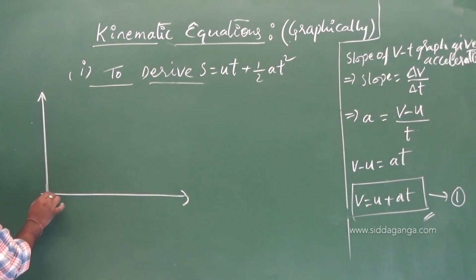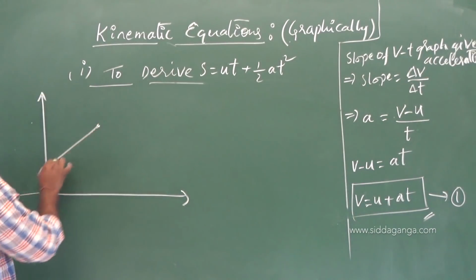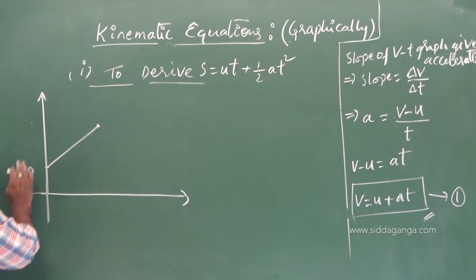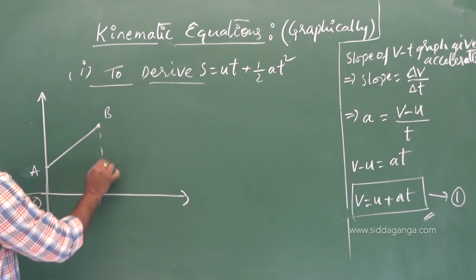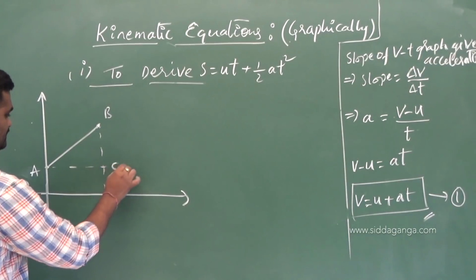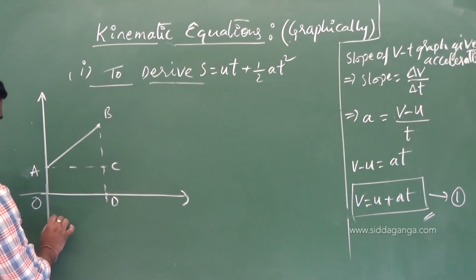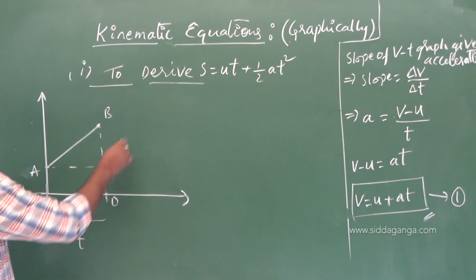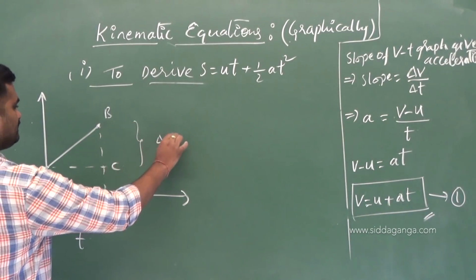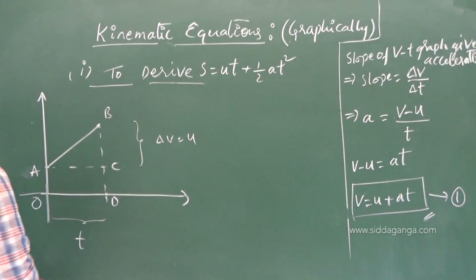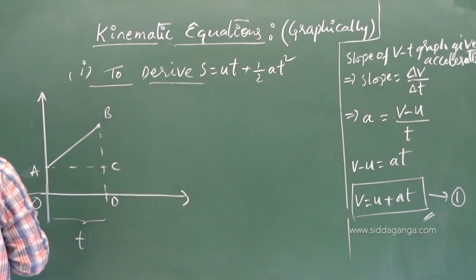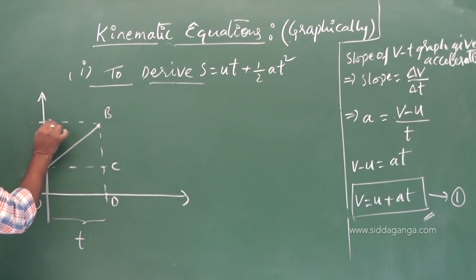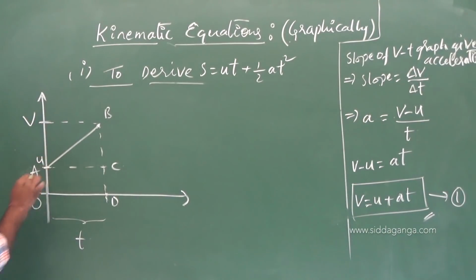The same diagram I have taken here, I think this is O, A, this is B, this point as C, and this is D, and this time interval is t, and this value we have written as delta v, and this value is v, and this value is u, velocity u, v.